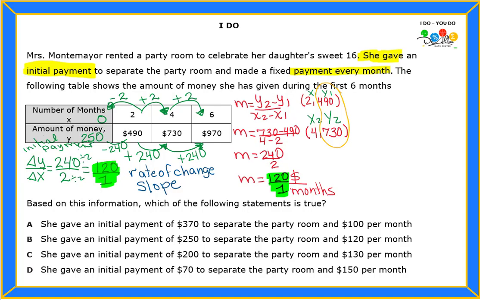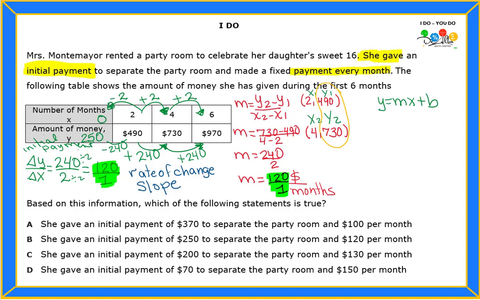Now the question is, is it true that $250 is the initial payment? Well, we're going to work it out, and maybe this can help us understand the problem, okay? So we're going to write down the equation y equals mx plus b. Now remember that this is very important for you to know how to use, because it will help you to find either one. It might help you to find the slope if you don't have it, but it can also help you to find the y-intercept.